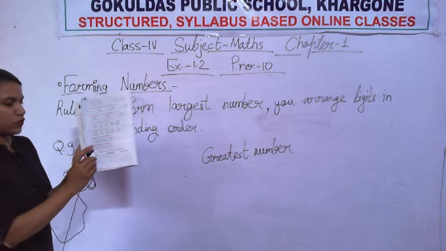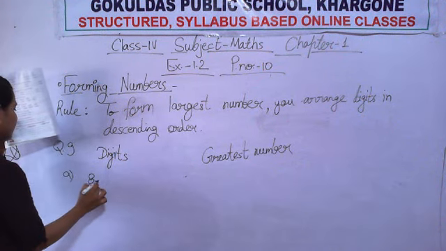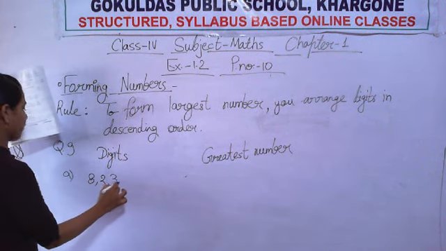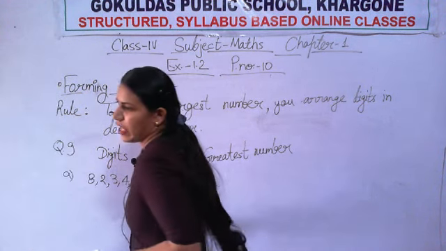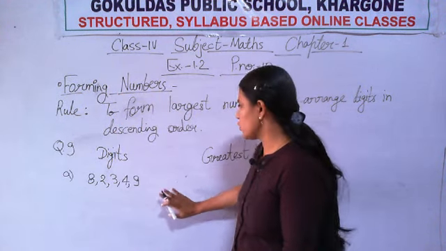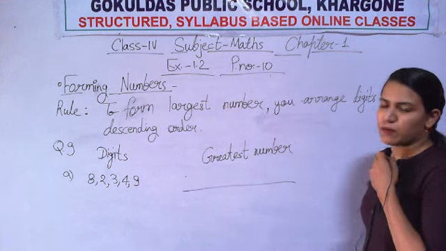In part A, 5 digits are given, that is 8, 2, 3, 4 and 9. Using these 5 digits, you want to make the greatest number.